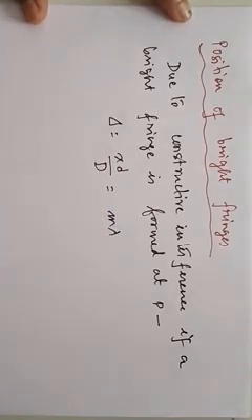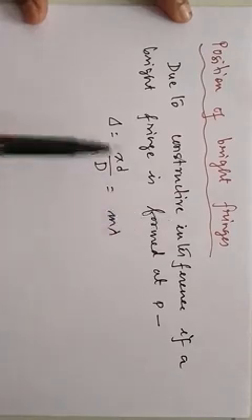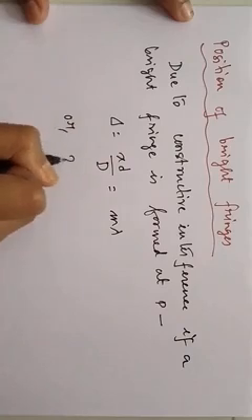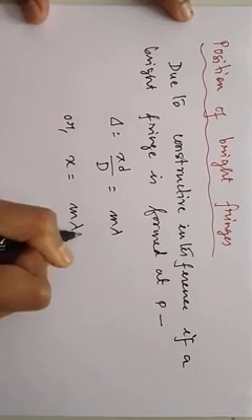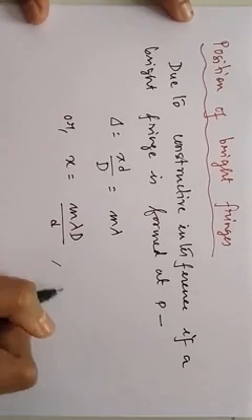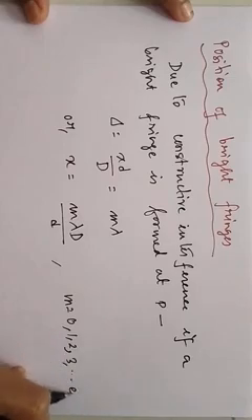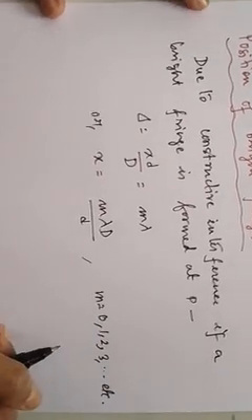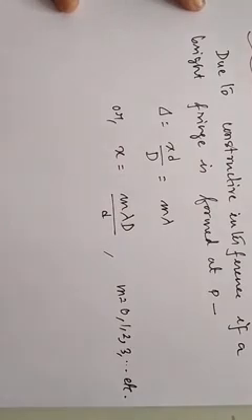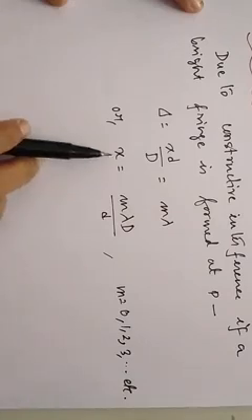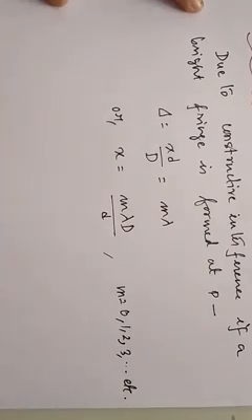We already know this condition because for constructive interference, path difference is equal to m lambda, where lambda is the wavelength of the source, right? Or x is equal to m lambda capital D by small d, where m has these values 0, 1, 2, 3, etc. Okay. So now if we put various values of m, we will get the various positions of the bright fringes.